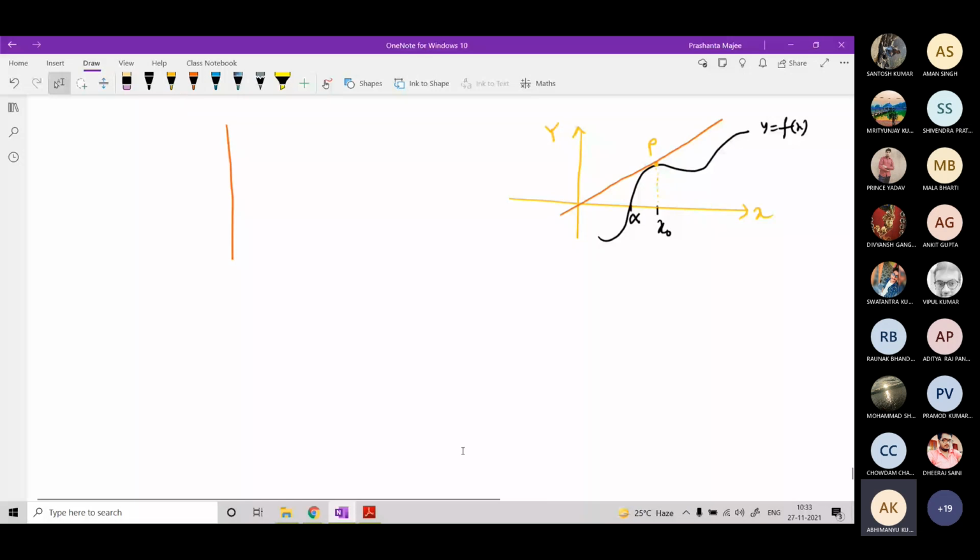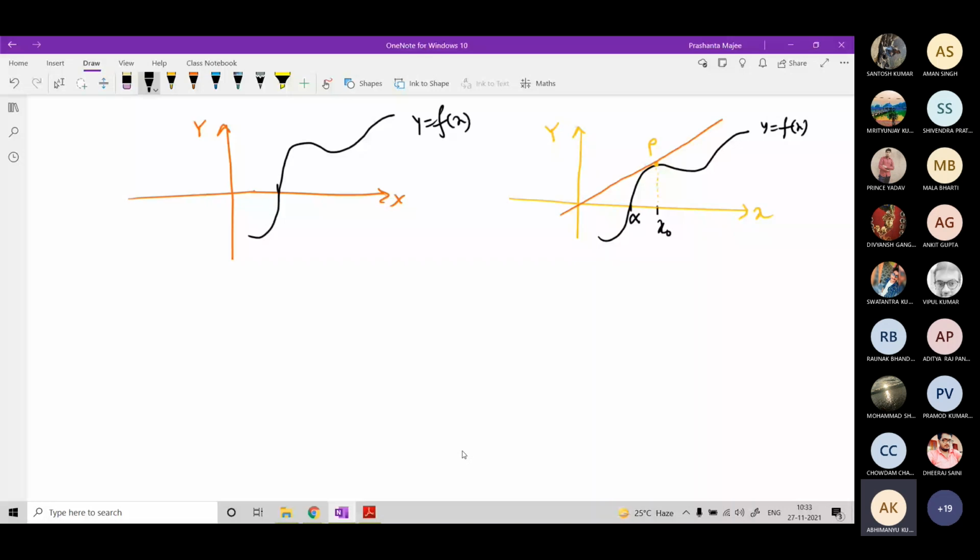This is the x-axis, this is the y-axis. The curve is this one, y equals f of x. They look similar, not exactly the same.